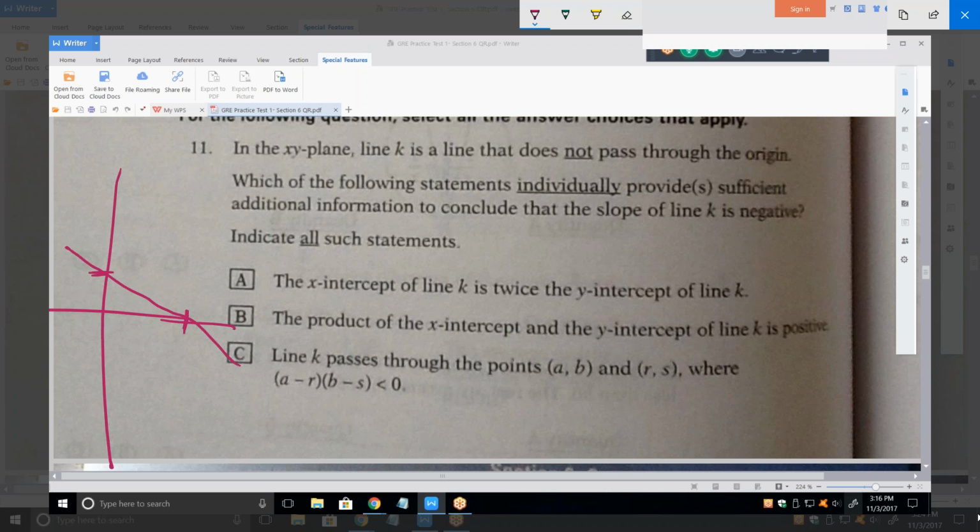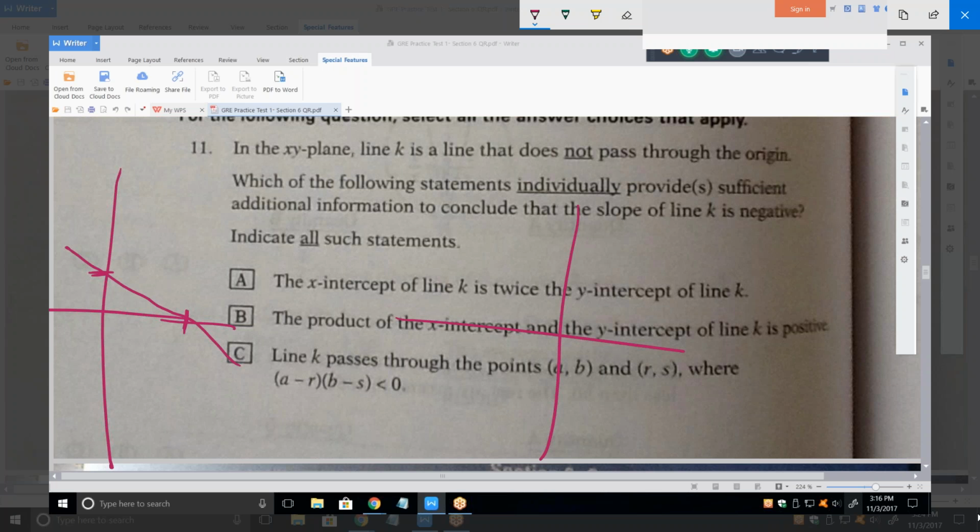What you really want to try to do is see if you can draw a positive slope line where the x-intercept is twice the y-intercept. And if I can do that, I can prove this wrong. I don't see that you can. You're right, I don't think you can.